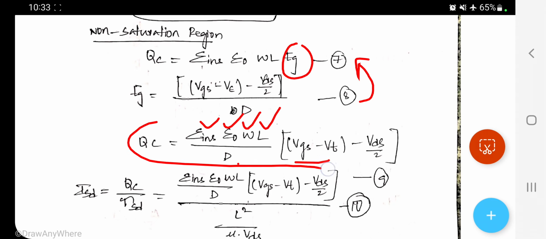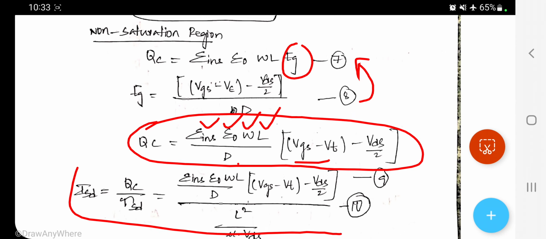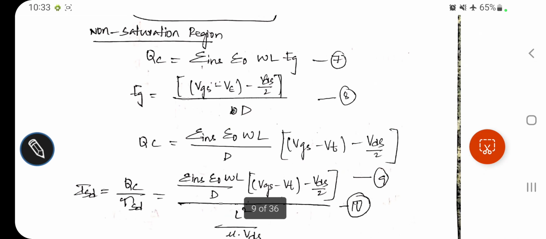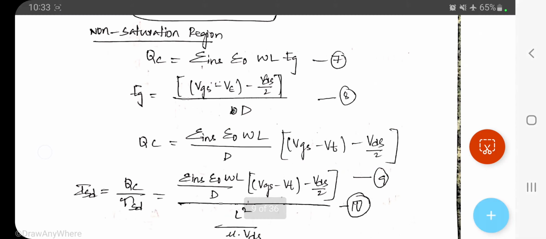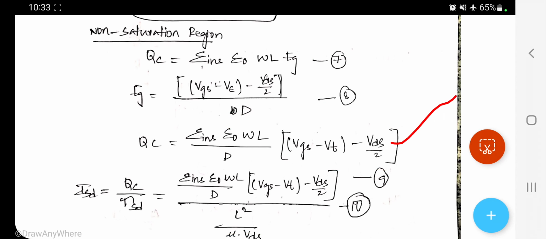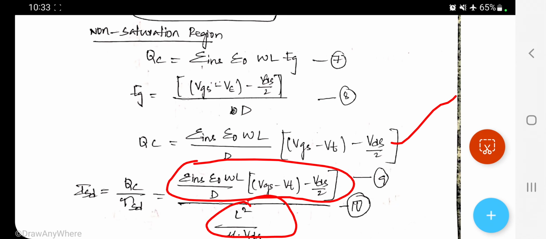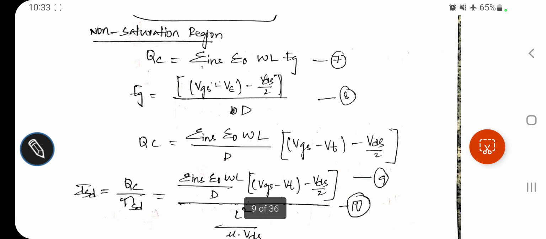Now this QC and earlier we got tau SD, both will be substituted in the ISD equation. This QC comes in the numerator, and tau SD we have just seen, that is L square by mu VDS, comes in the denominator.